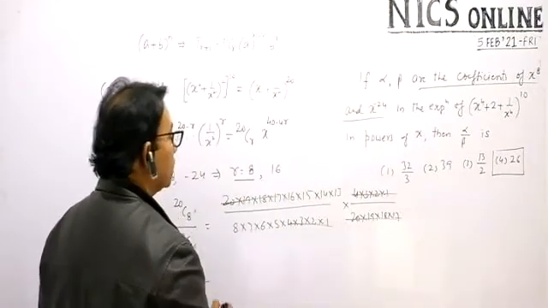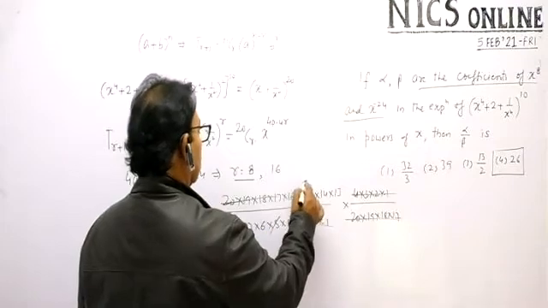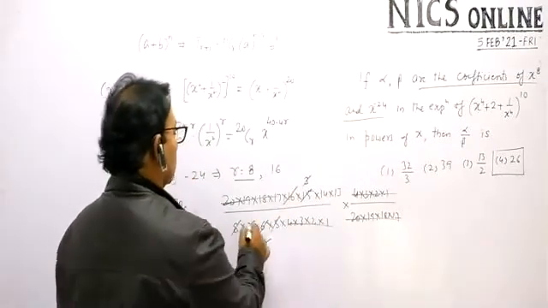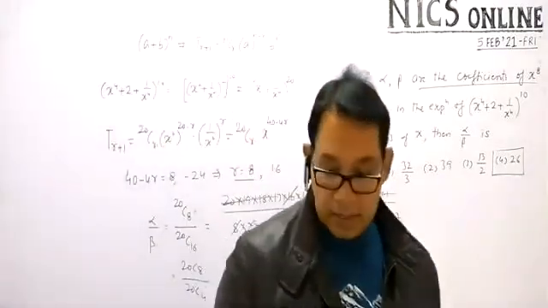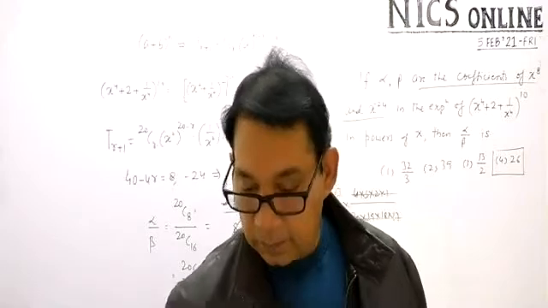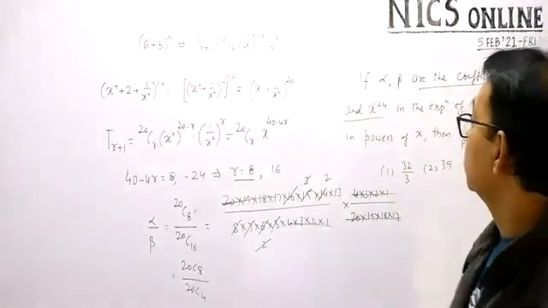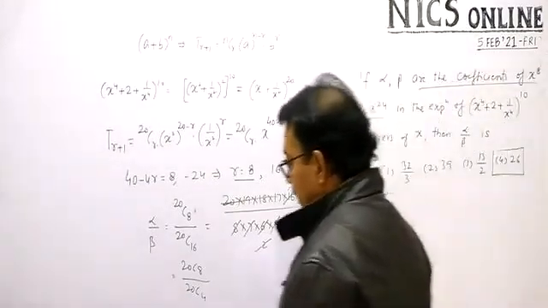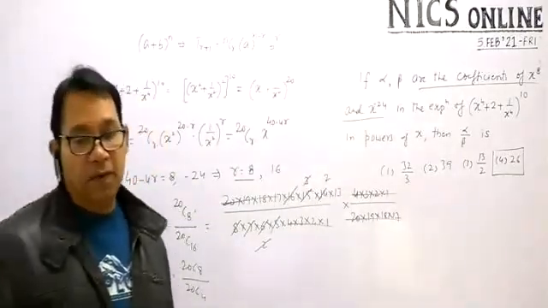ठीक है? देखो जरा. Guys, a difficult question again. You had to use binomial expansion. पहले इसको trinomial को binomial convert किया because it was a perfect square. उसके बाद we use general term and we solve it.